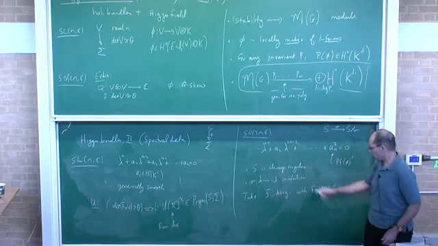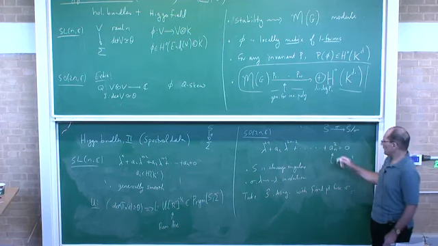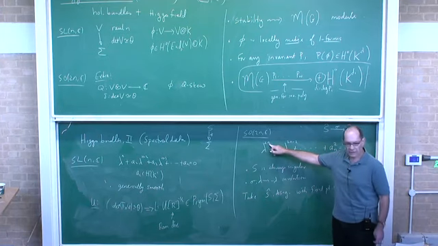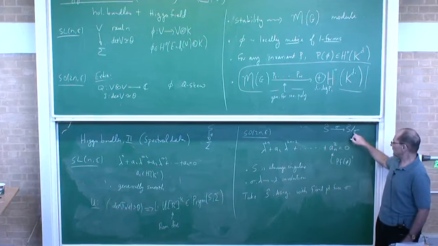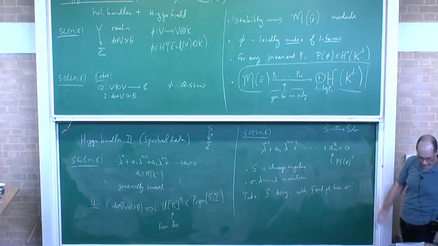Let's use sigma for the involution here, for the projection under the involution. This is a 2n-fold cover of the original curve. This, when you quotient it out by this involution, is now an n-fold cover of the curve.